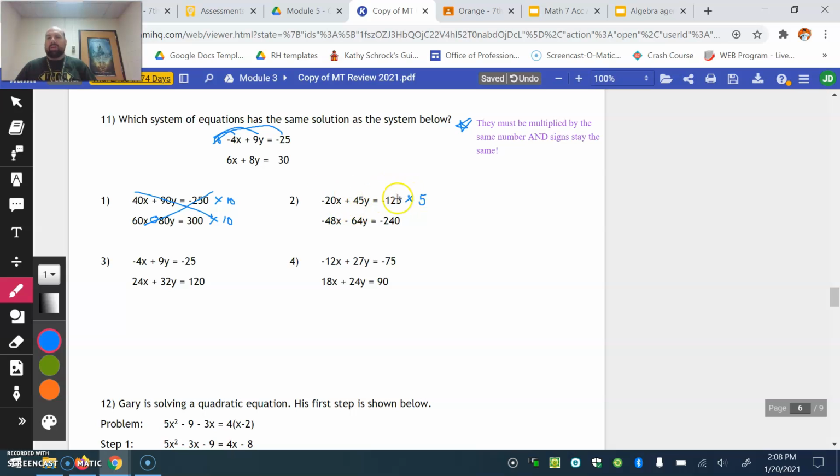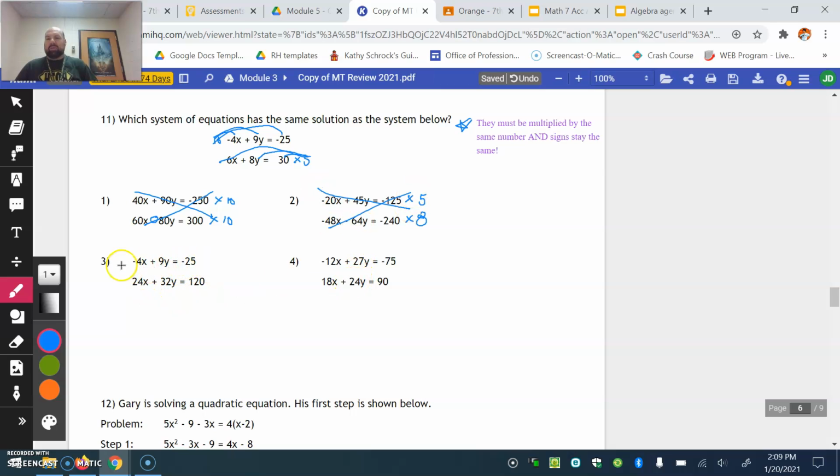So that carried through nicely. But if I were to multiply this by 5, I'm going to get some different numbers. Actually, it looks like to get the second equation for this one it was multiplied by 8, which is a different number. So remember, they must be multiplied by the same number. This one does not work either.